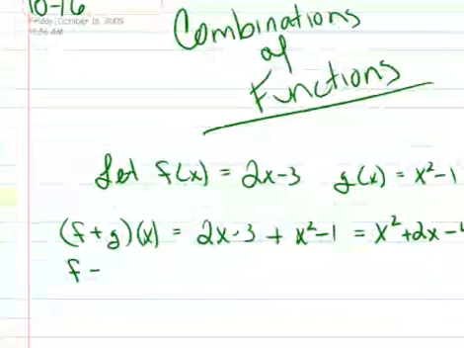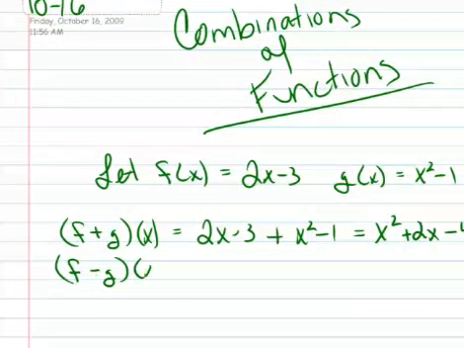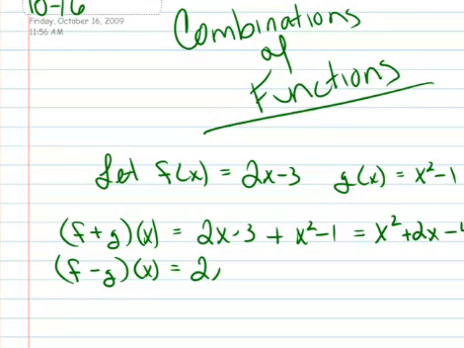Let's find f minus g of x. That means you take f, 2x minus 3, and you subtract g. Notice there's parentheses. That's because I'm subtracting the whole function.